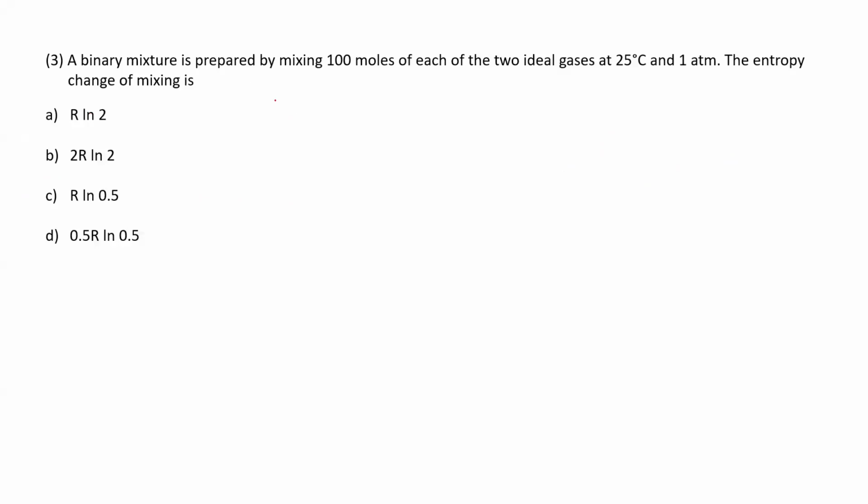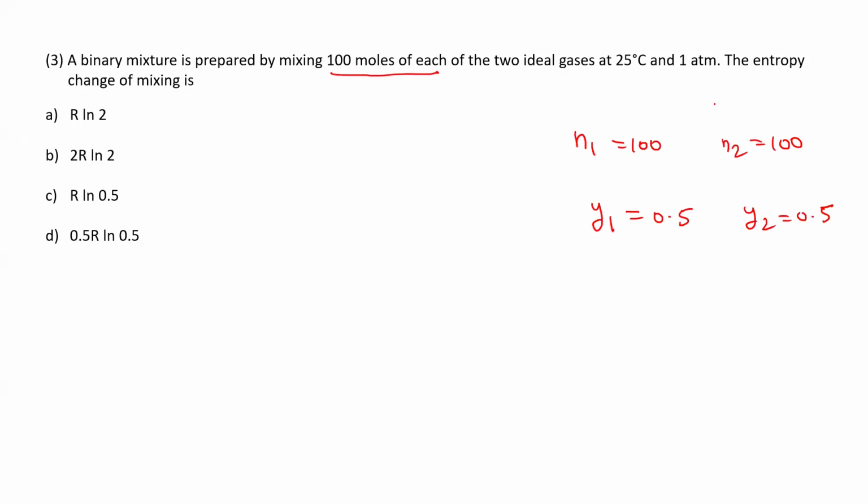Now, a binary mixture is prepared by mixing 100 moles of each of two ideal gases. So n1 is equal to 100, n2 is equal to 100. So these are gases, right? So y1 is equal to 0.5 and y2 equals 0.5.